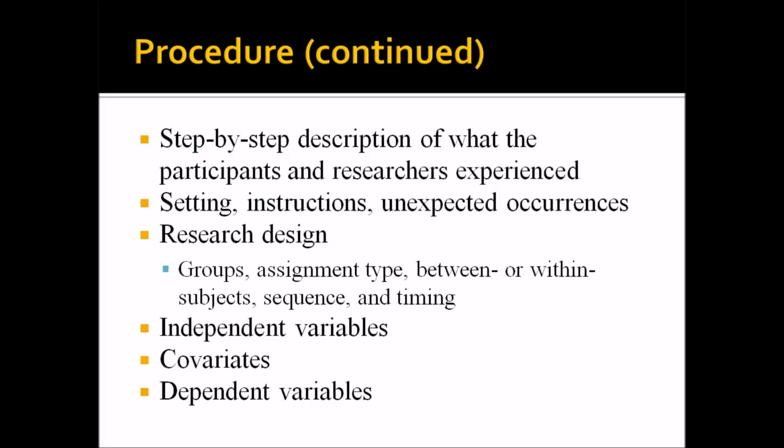You want to talk about the independent variables and any manipulation that occurred using the independent variables. So some independent variables are independent, but we don't manipulate them, and some are independent and we do manipulate them. An example of an independent variable that we can't manipulate would be age or gender. We can't assign somebody to a gender, we can't assign somebody to be a certain age. But other independent variables we do manipulate.